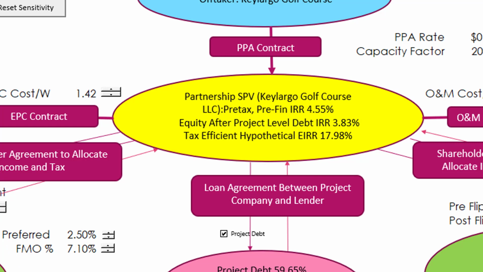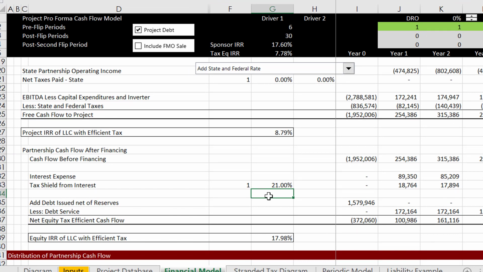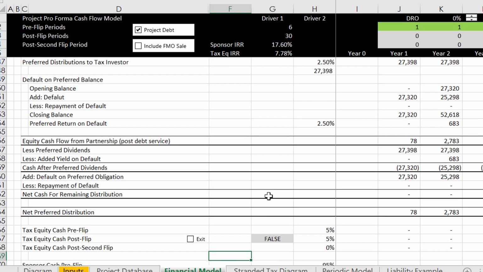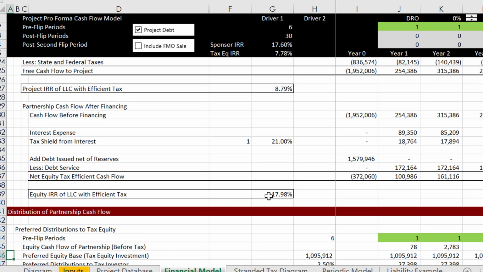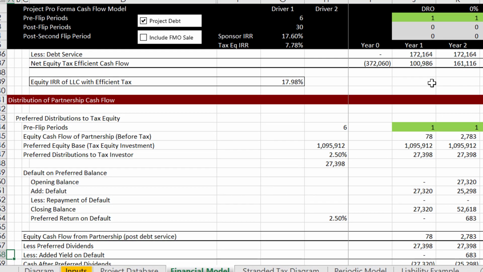And where are we? And then we go down, and we start distributing the cash flow, and we distribute differently in the pre-flip than the post-flip period.